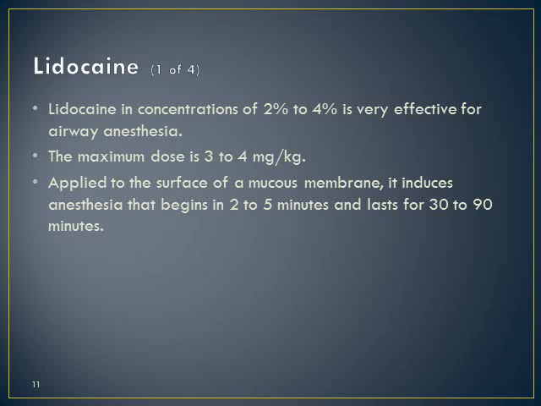Lidocaine in concentrations of 2% to 4% is very effective for airway anesthesia. What's important to remember is your maximum dose is 3 to 4 milligrams per kilogram. 3 to 4 milligrams per kilogram is the max dose that you want to use for lidocaine.